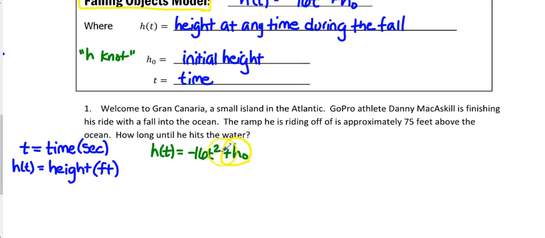And if we look above, h naught is the initial height. Are we told something about the initial height? Go ahead and read. Let's see, it says the ramp he's riding off of is approximately 75 feet above the ocean.